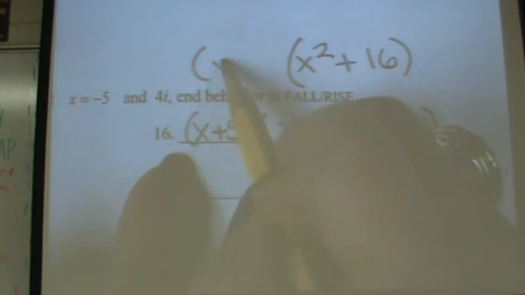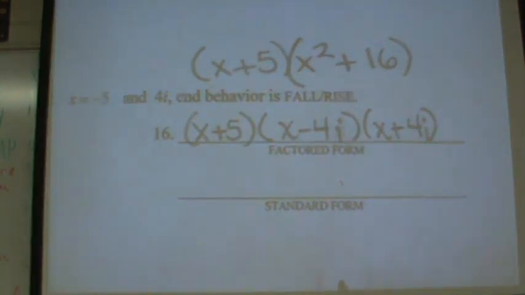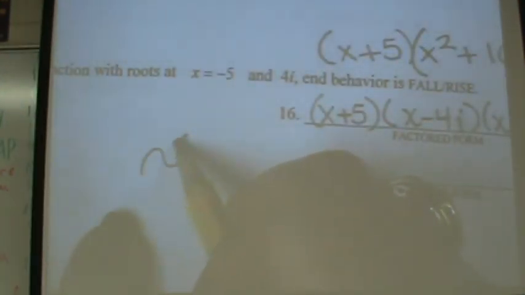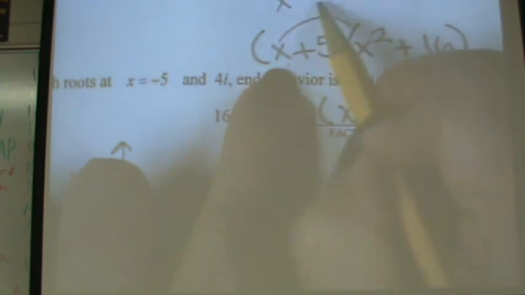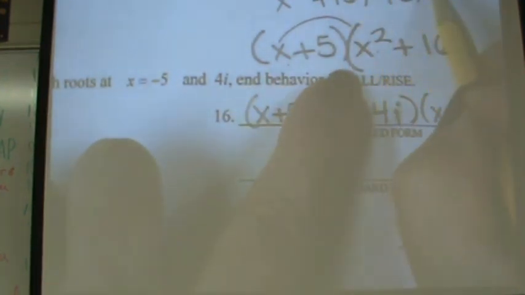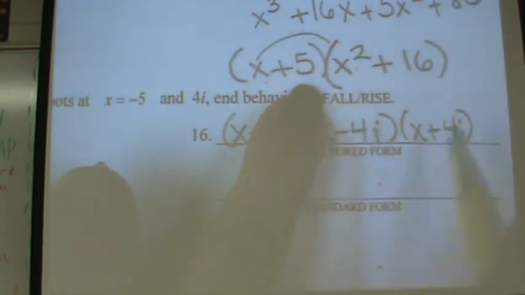And you're going to want to FOIL this, x plus 5, into that. And if you want, it's going to be a cubic. If you want it to fall and rise, your leading coefficient would be a positive. So FOIL this, you get x cubed. This times this is x cubed, plus 16x, plus 5x squared, and then plus 80. 5 times 16 is 80.